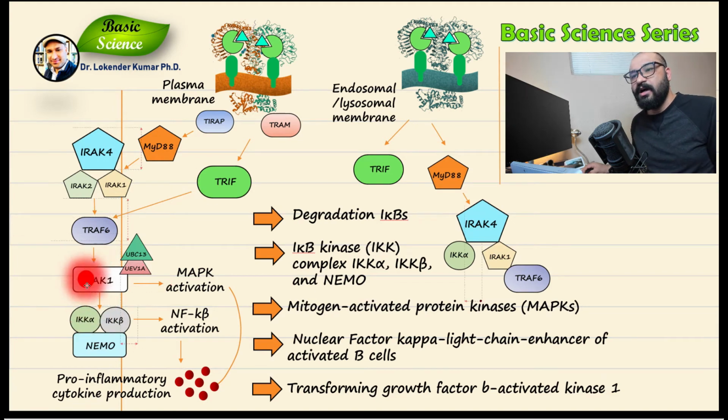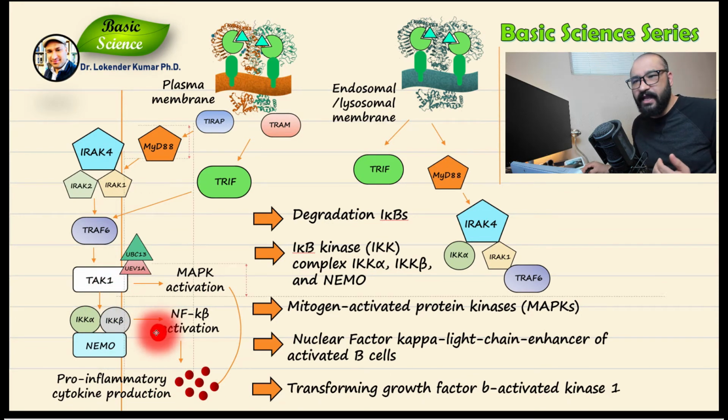All right, next, as you can see here, I'm trying to show you that there are these kinases that are involved, and I have already discussed the function of these kinases. And then TAK1 is another adapter protein that helps in the activation of NF-kappa B as well as MAP kinase.